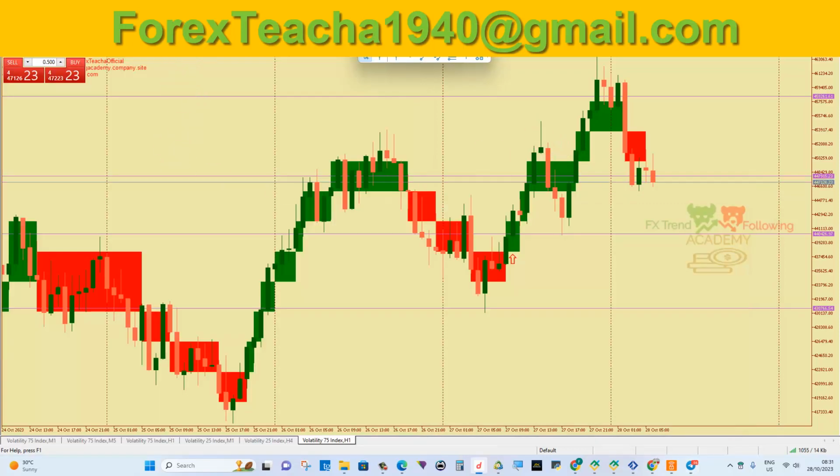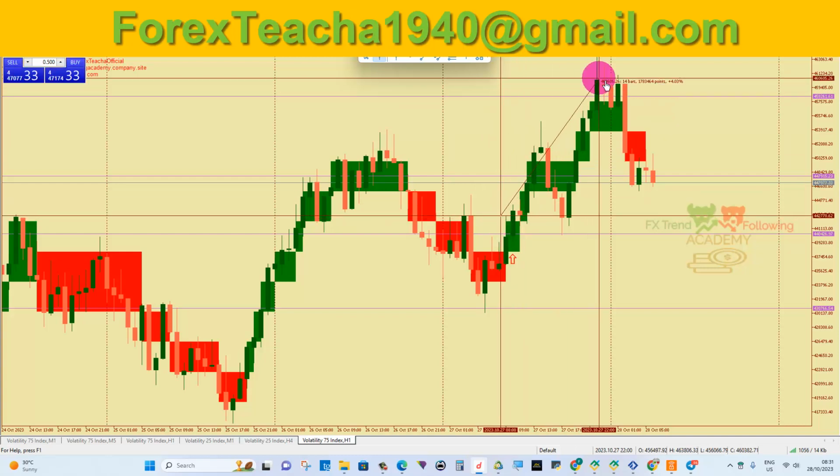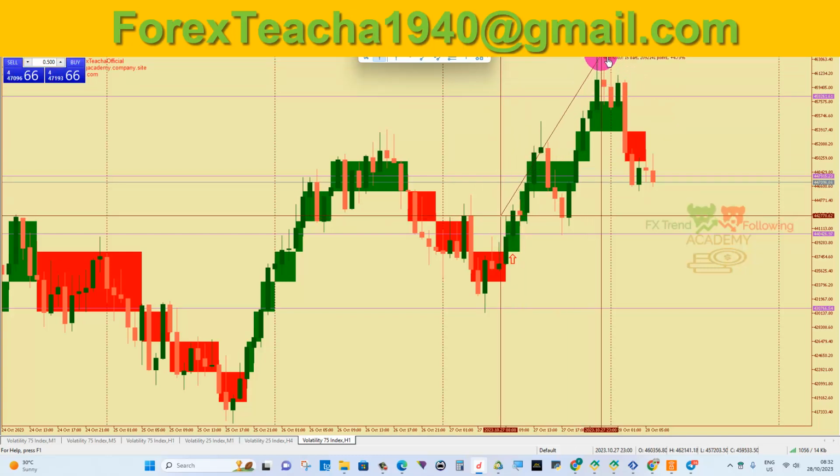So this one moved almost from here, our entry, it moved almost 2092. So that's almost 4.7%. In points, this is about 2 million points. 2,092,209.